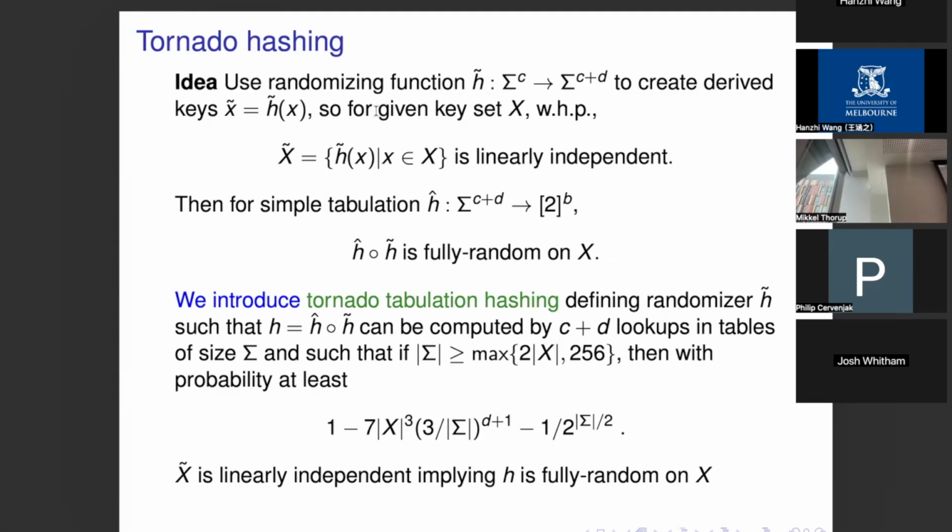Okay, so you can say this 3 swallows 3 of those here, but I still have D minus 2. And now you can see if sigma is just 256 or maybe even 16-bit numbers, then this thing drops very quickly as I increase D. So I don't need many derived characters to get a very low probability that things went wrong.